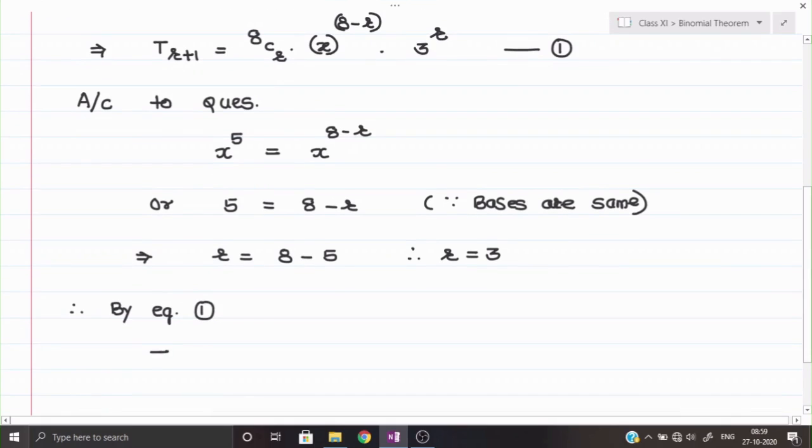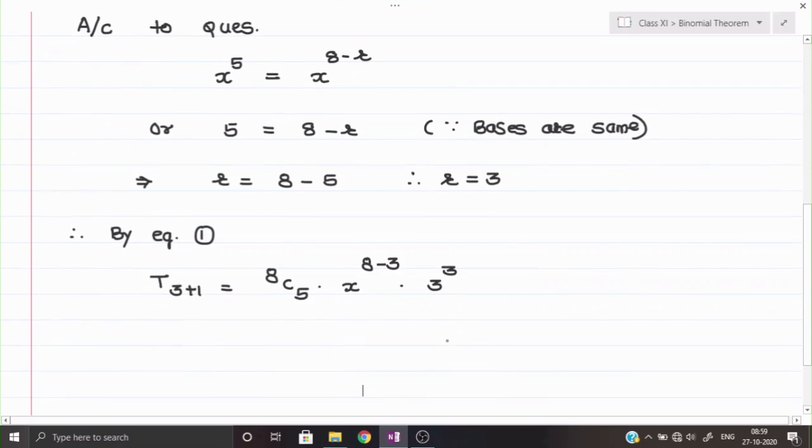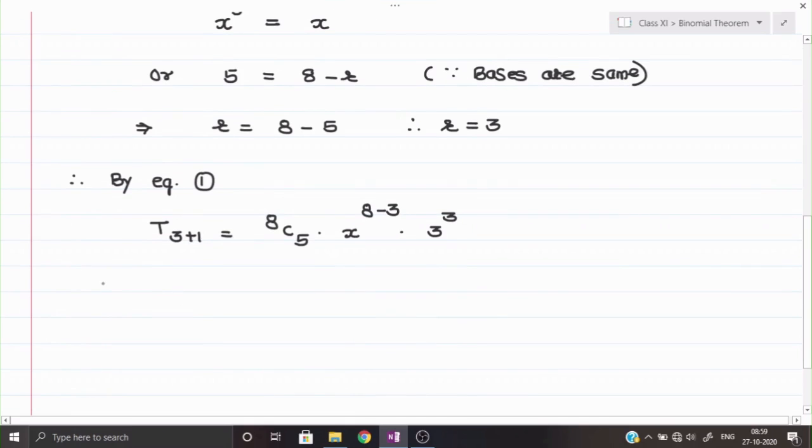So this will be T(3+1) is equal to 8C3 into x to the power 8 minus 3 into 3 to the power 3. Let us simplify. So this will become T4 is equal to 8C3 into x to the power 5 into 27.